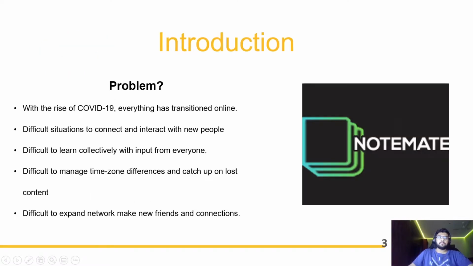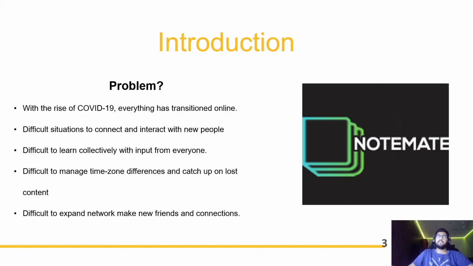So, what is the problem that NoteMate tries to solve? Well, it has been a year since the pandemic started. We have transitioned almost everything online. This means that we have to spend our final year of the university online, the most important year of study in our university life.